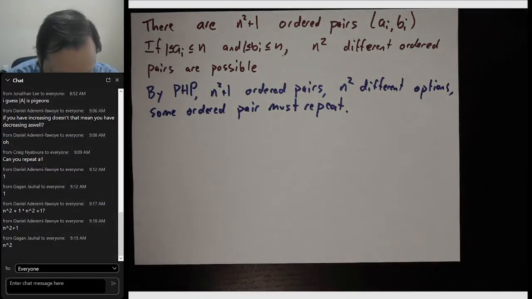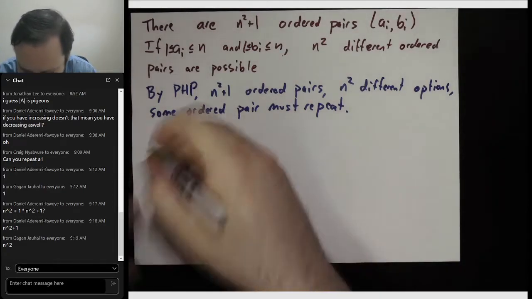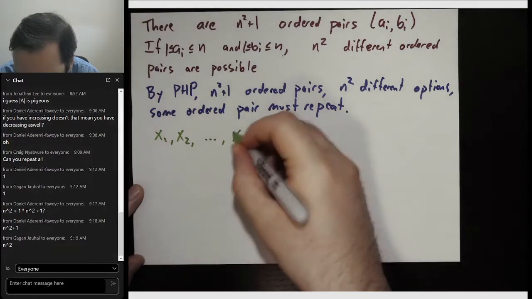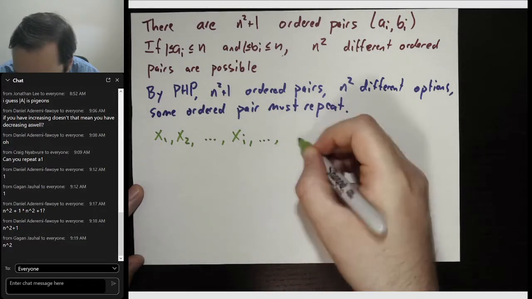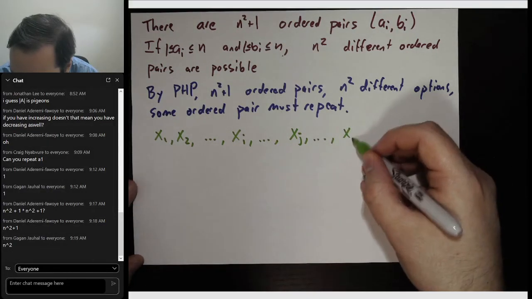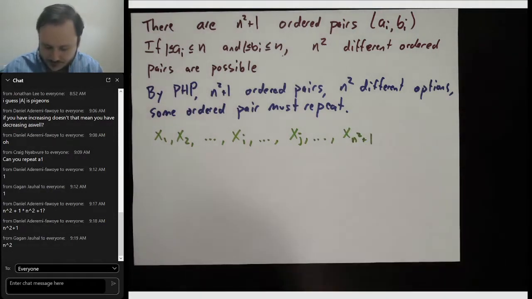I've got my sequence, x sub 1, x sub 2. Somewhere in the middle I have x sub i. Somewhere else I have x sub j. And then I end on x sub n squared plus 1.